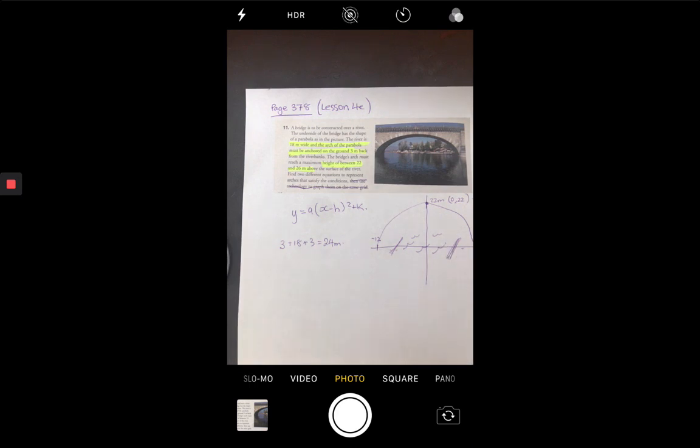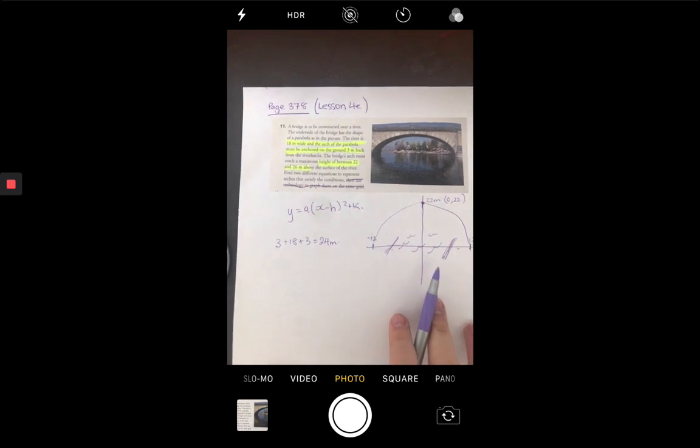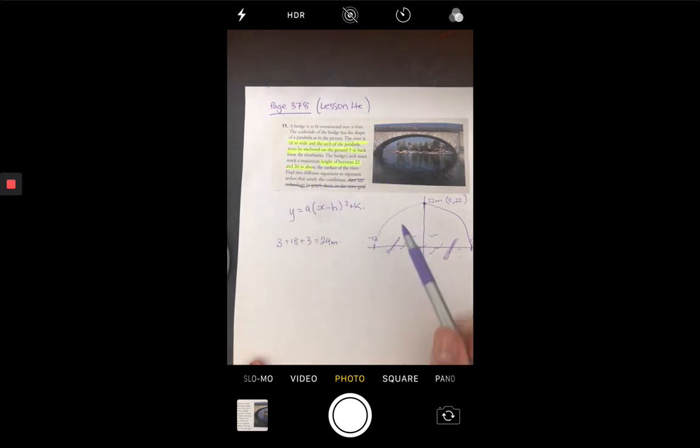Okay, so now we can use this information to put into our equation. We found the vertex because we know it's between 22 and 26 metres, so I'm just saying that the height of my bridge at the moment is 22 metres. So I have a vertex here of 0, 22.